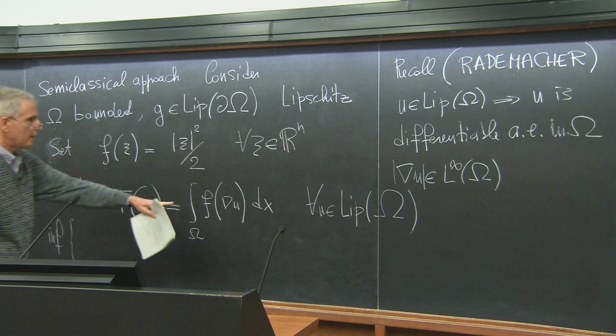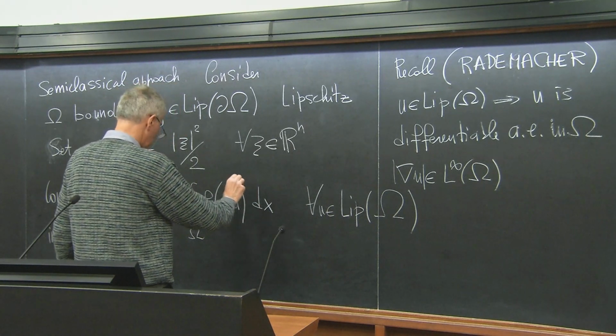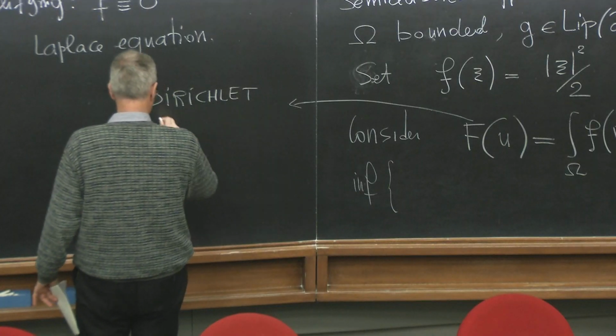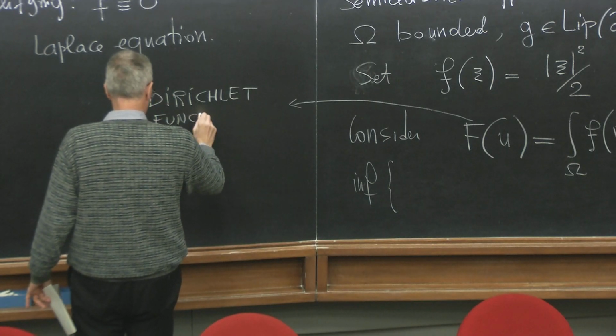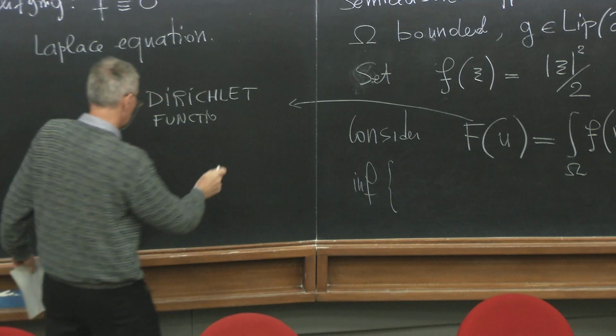Oh, this is called the Dirichlet energy or Dirichlet functional. So this f here is called the Dirichlet functional, or also Dirichlet energy. Okay.